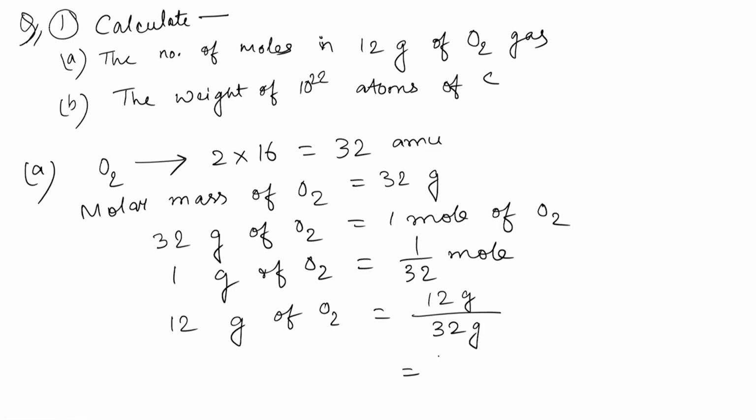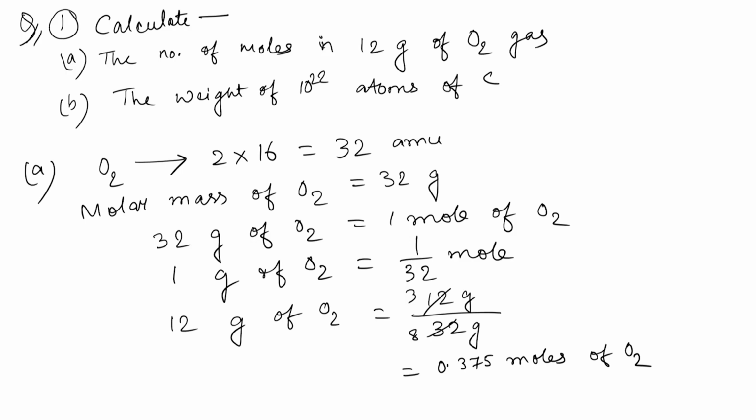So we get this as 0.375 moles of oxygen. Okay. In the second example, that is the weight of 10 to the power 22 atoms of carbon. See, not moles, we have to find out the weight of 10 to the power 22 atoms of carbon.